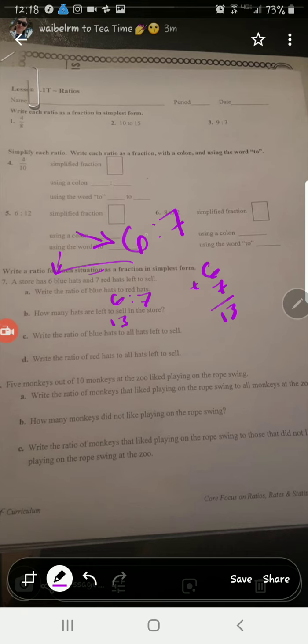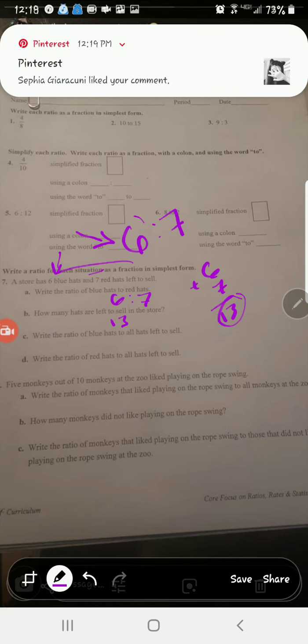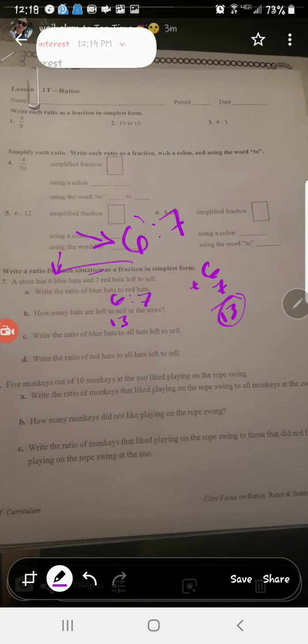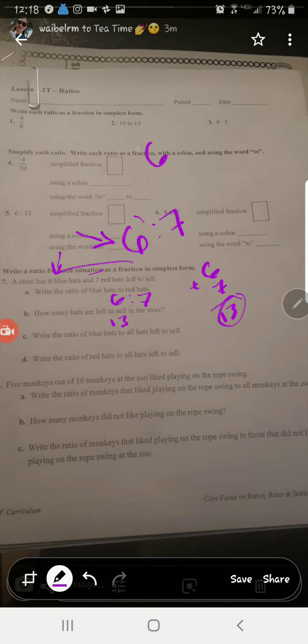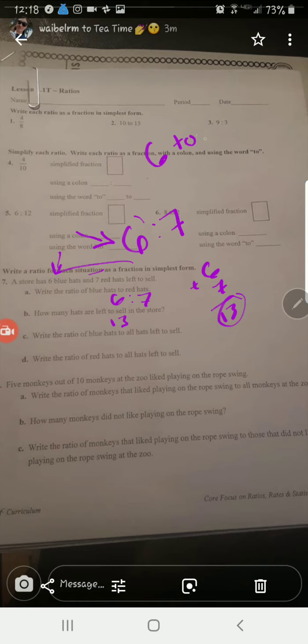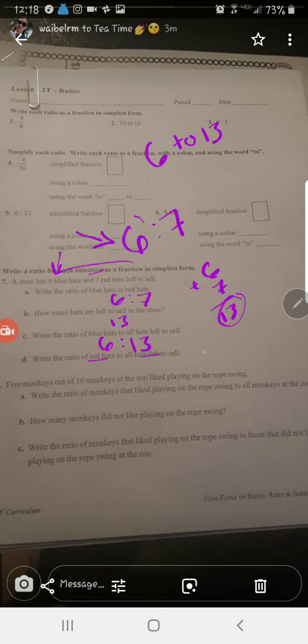We're comparing the blue hats to the total. There are 6 blue hats to the 13 total hats. So 6/13.